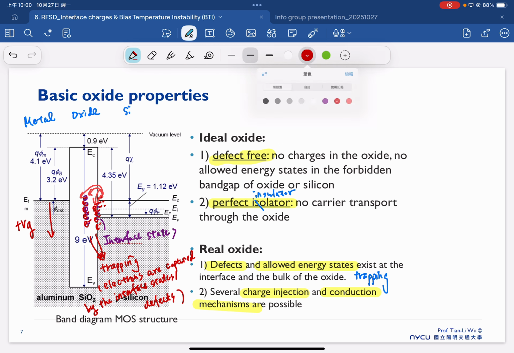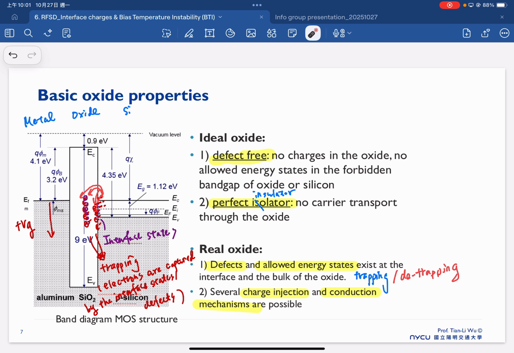But also be aware that the electron can be captured by this allowed energy state, by this defect, but once in a while there's a chance that the electron can escape from this defect, and that's what we call detrapping. So an electron captured here has a chance to leak away as well.